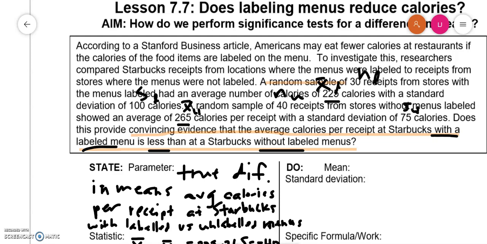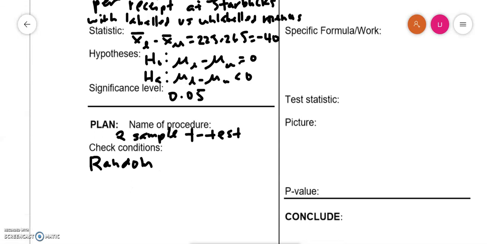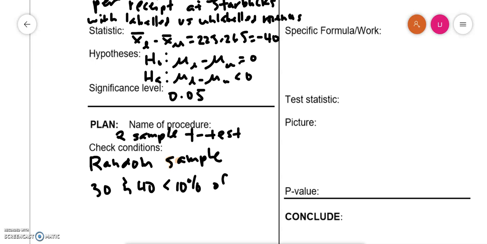Then 10%: our sample sizes were 30 and 40, so we can assume those are less than 10% of all Starbucks receipts. Probably less than 10% of what they have in an hour, honestly.